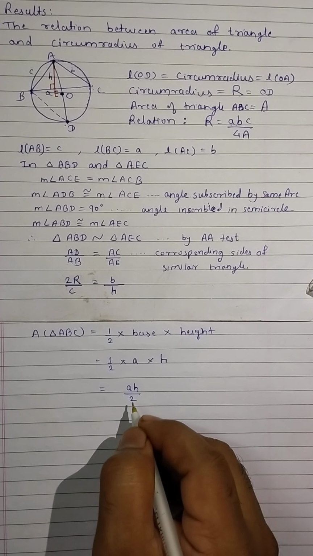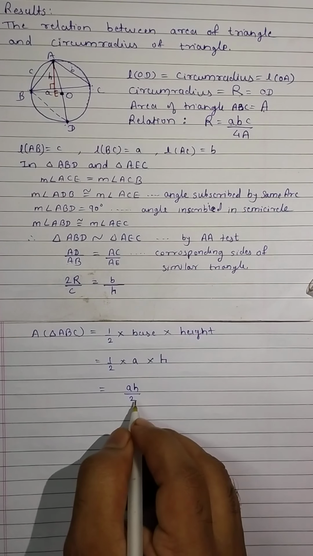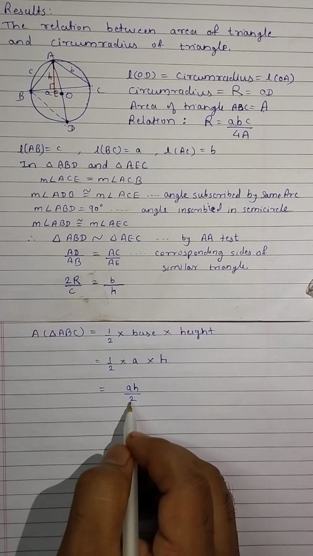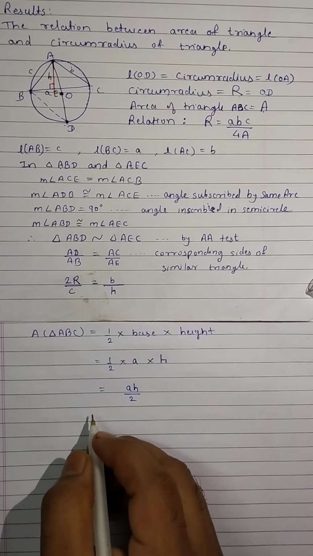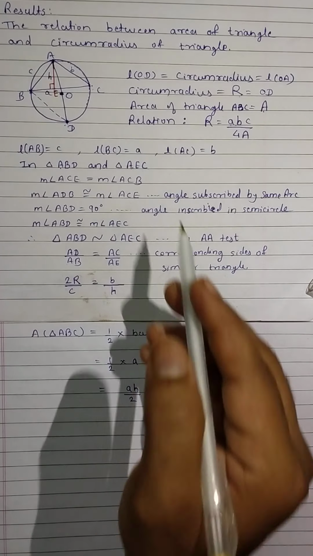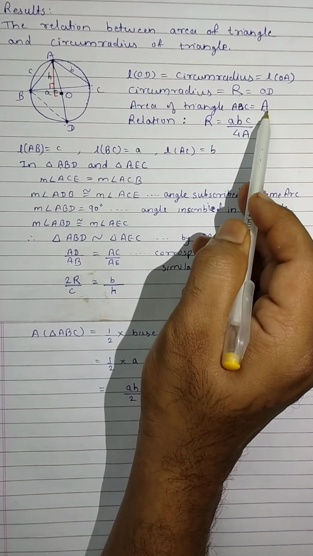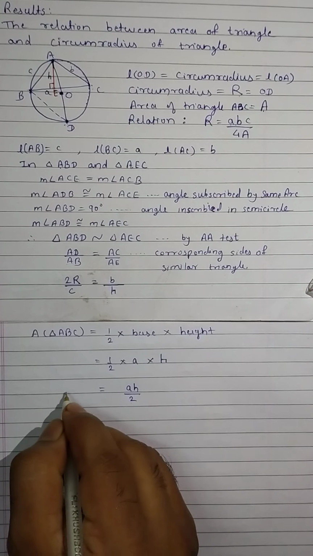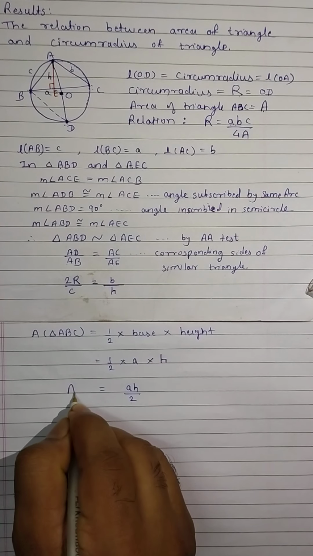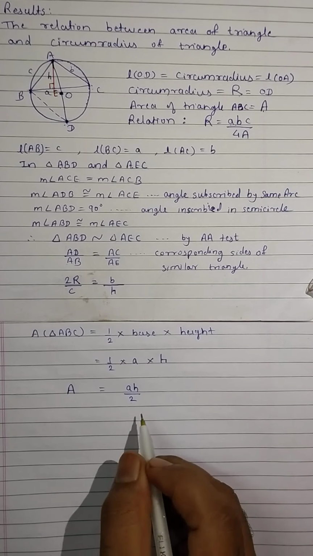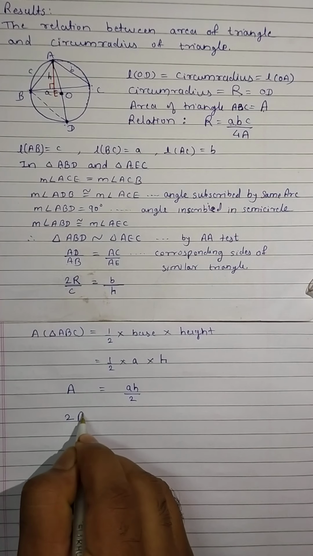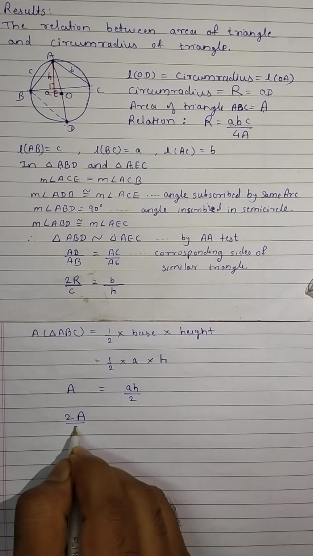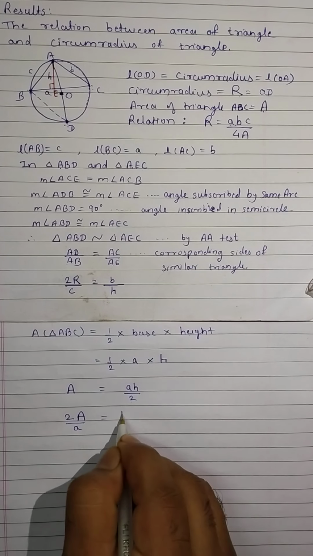So we will replace this value of area of triangle ABC into the equation. How? We have considered area of triangle ABC as capital A. So we will write this as capital A. We'll transfer the values: 2A upon a is equal to h.